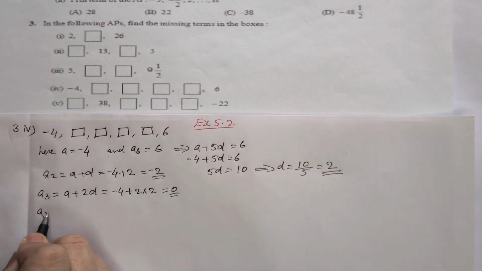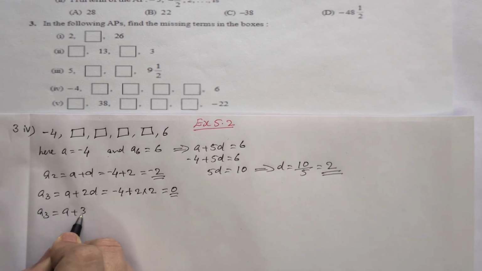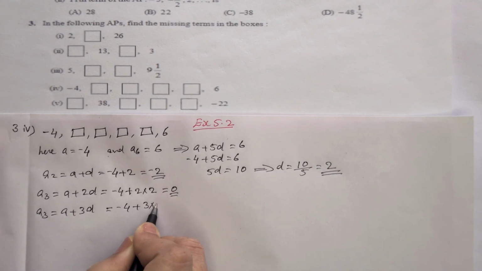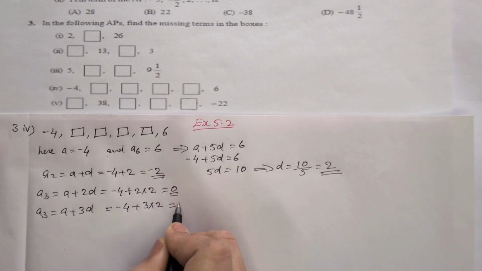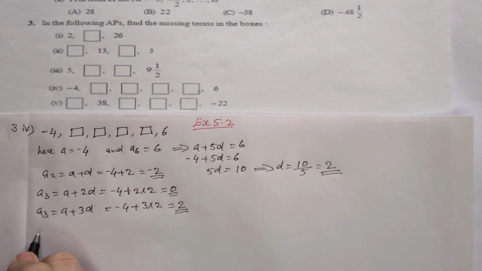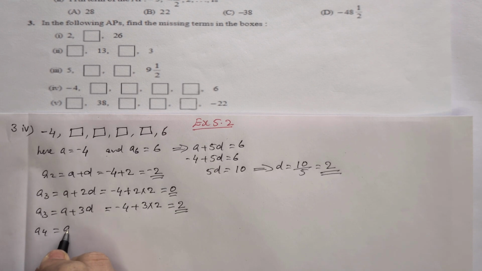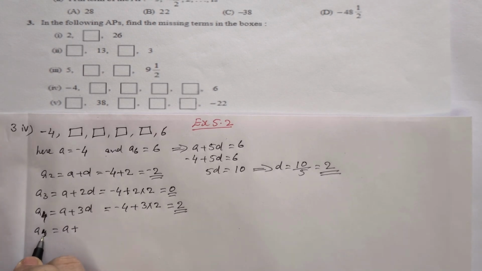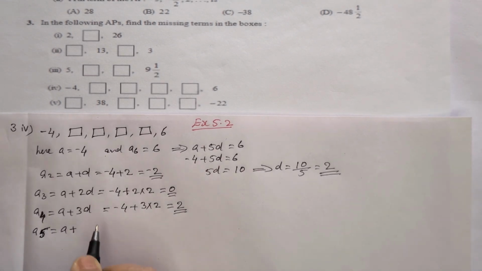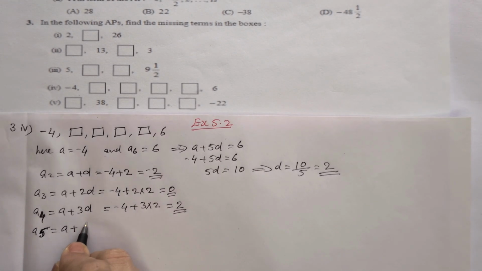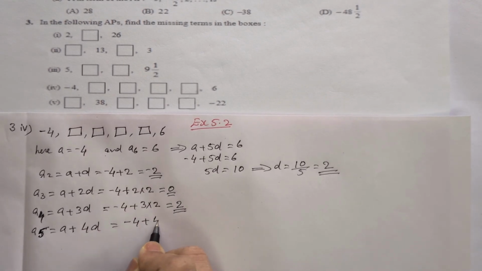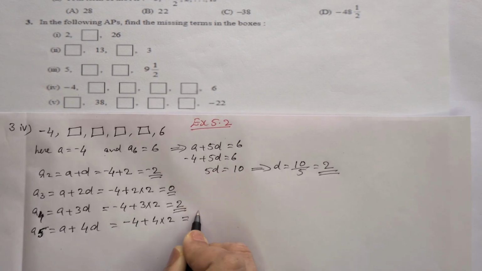Then a4 = a + 3d = minus 4 + 3 into 2, which is equal to 2. a5 = a + 4d, which is equal to minus 4 + 4 into 2, equal to 4.